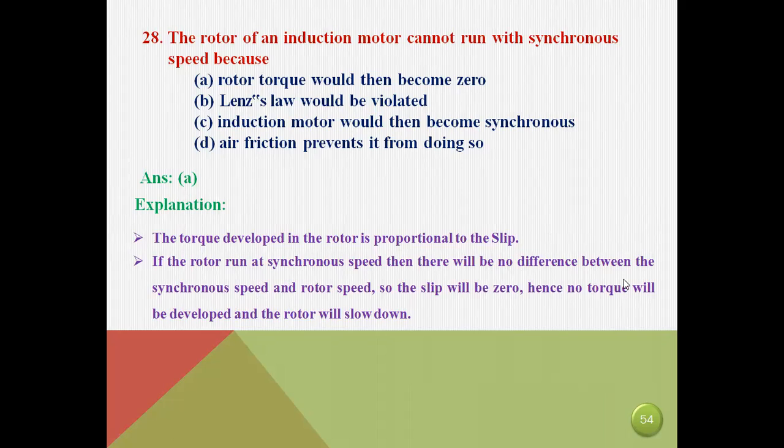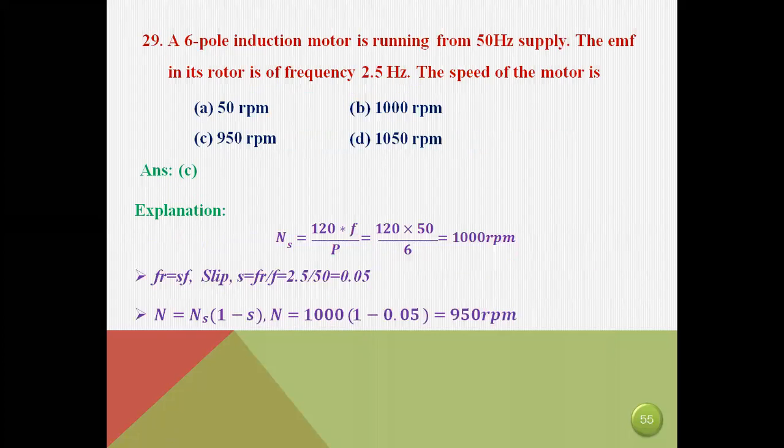So there will be no torque and the rotor will not move. The rotor will slow down, so rotor torque becomes 0. That's why we cannot take rotor speed equal to synchronous. We are supposed to always take rotor speed less than synchronous speed.